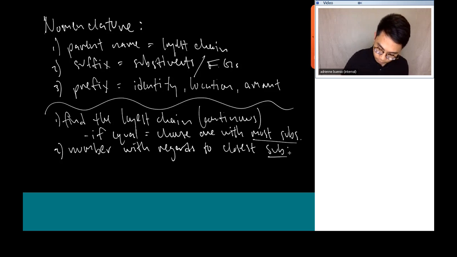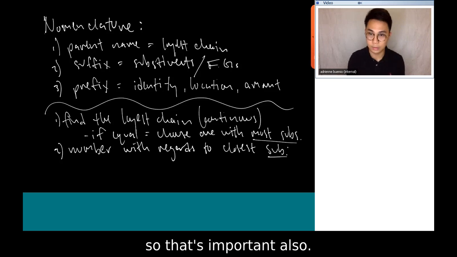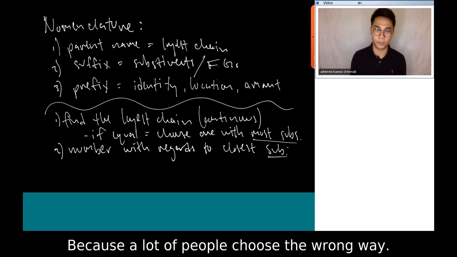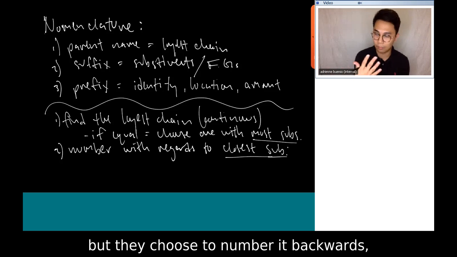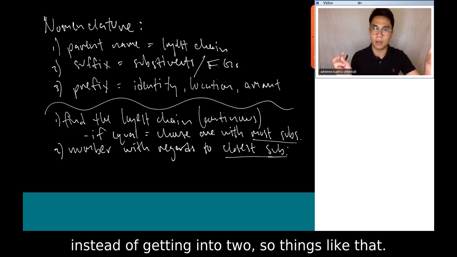So again, with the substituents, right? Closest substituents. So that's important also because a lot of people choose the wrong way. Like they have the parent chain and everything, but they choose to number it backwards or another way that makes the closest substituent five instead of getting it to two, right? So things like that.